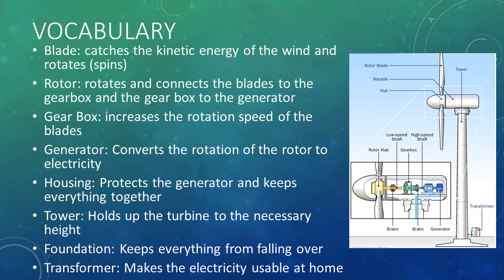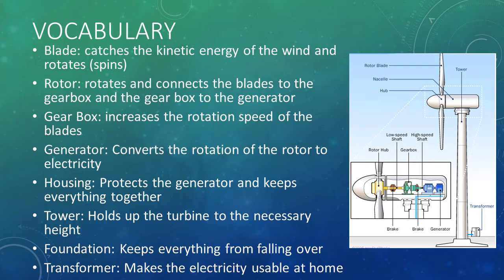As always, we've got some vocabulary words here. This focuses specifically on the wind turbine. As you'll see in the picture on the right-hand side of the screen, we've got different pieces of the wind turbine that we need to know and understand. So, first of all, the blade.